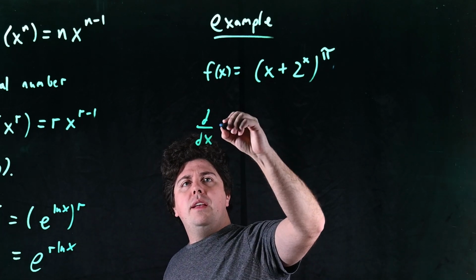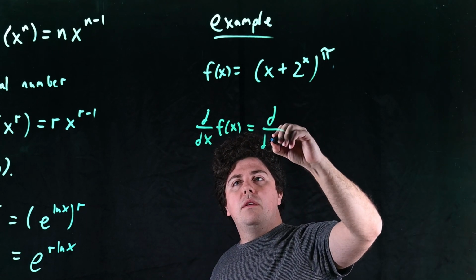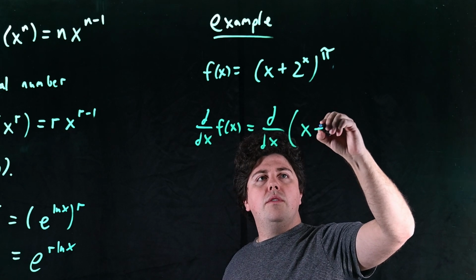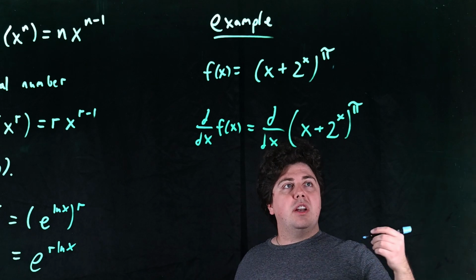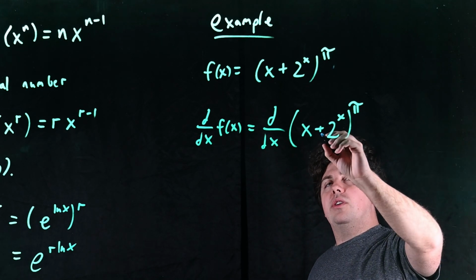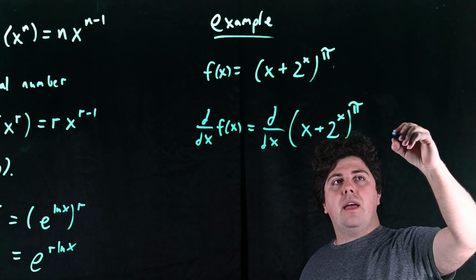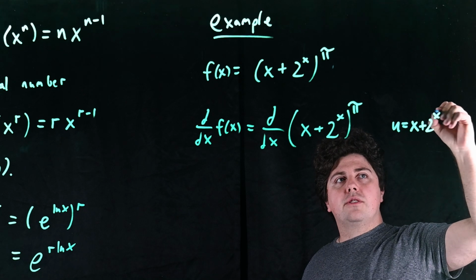If you want to differentiate this guy, well, this is going to be a chain rule problem. We're going to let the outside guy be x to the pi, and our inside guy u be x plus 2 to the x.